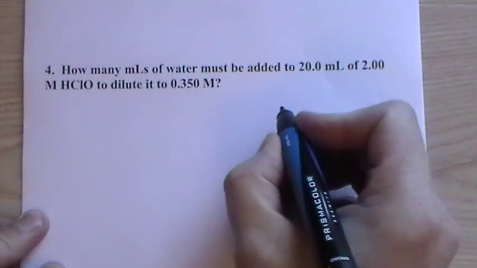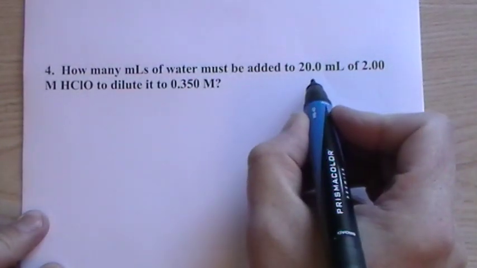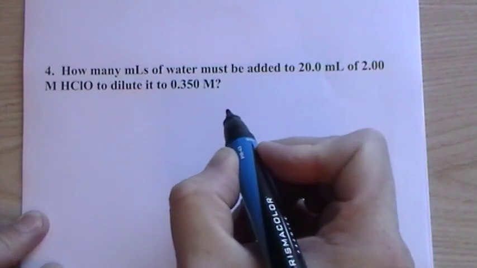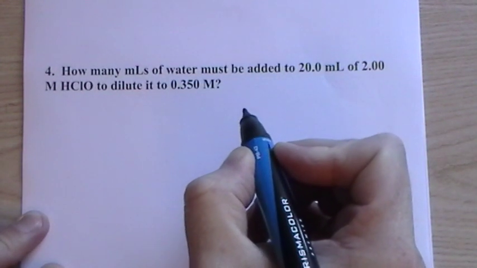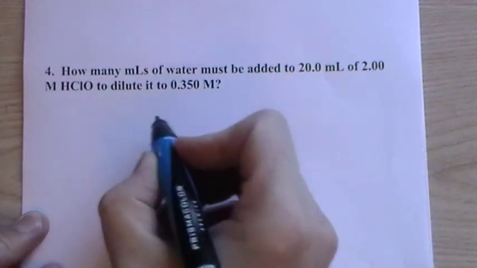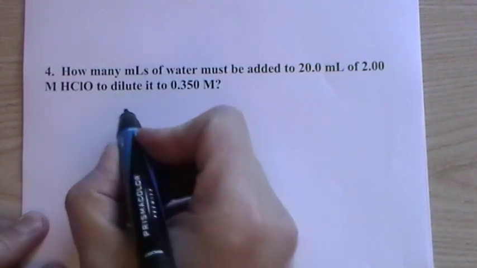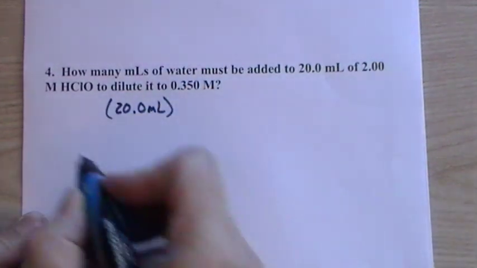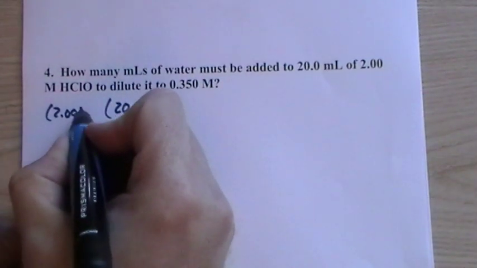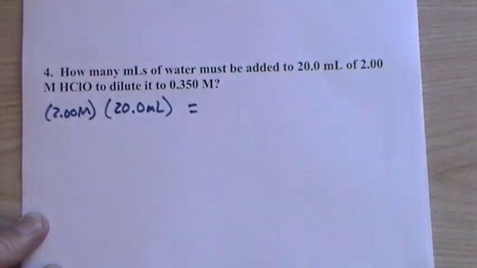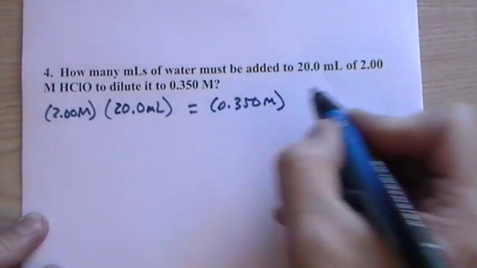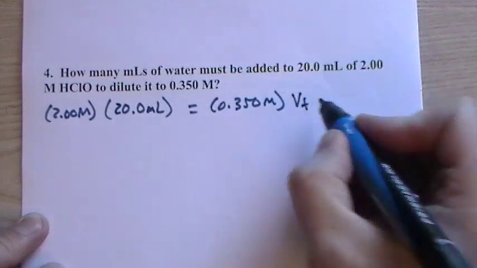So we have our initial, how many mils of water must be added to 20 mils. So our initial volume is 20 mils, and our initial concentration is 2 molar. Our final concentration is 0.35 molar, and what is our final volume?